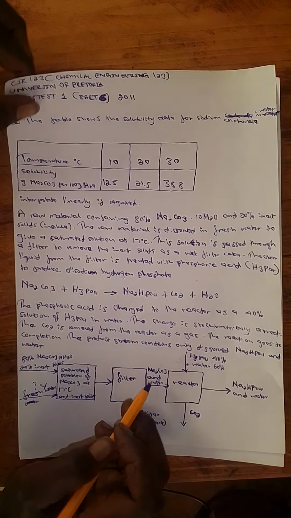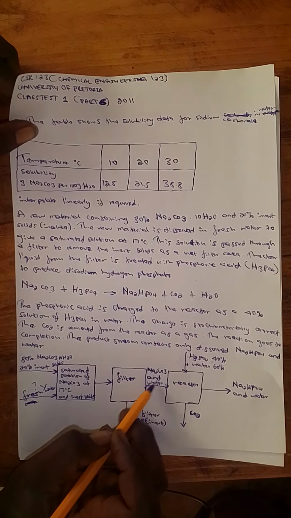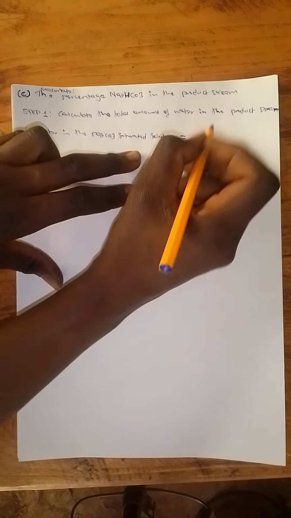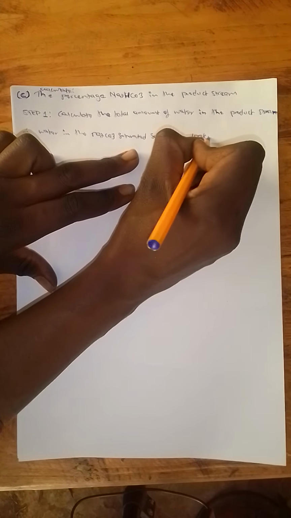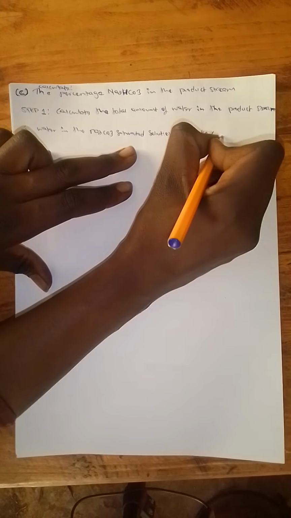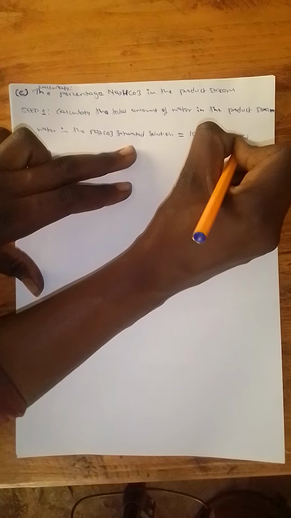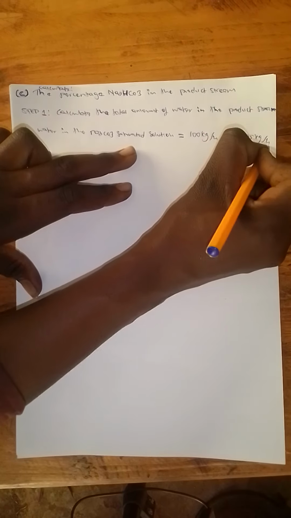Then we can make the balance: the remainder in the 100 kilograms per hour is water. So the water in the Na2CO3 saturated solution is equal to 100 kilograms per hour minus 15.825 kilograms per hour. If it's not clear, go to question B of the same question, and I also advise that you start with question A. That will make things much easier.